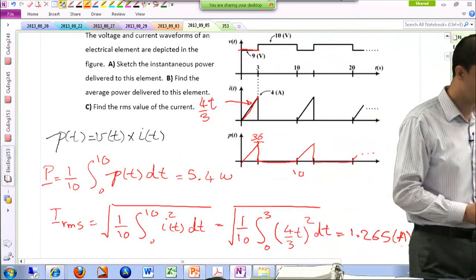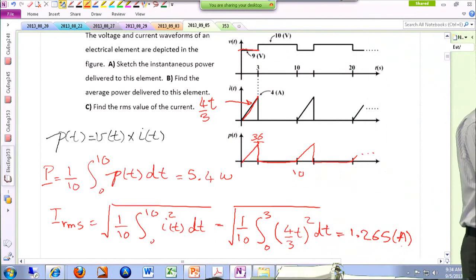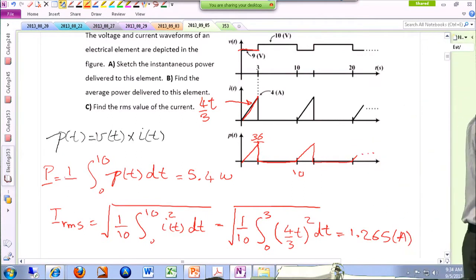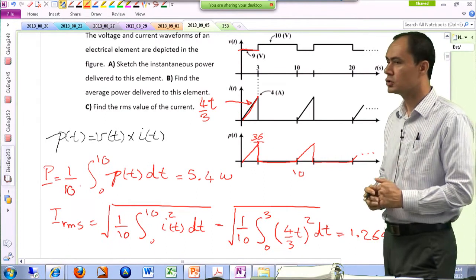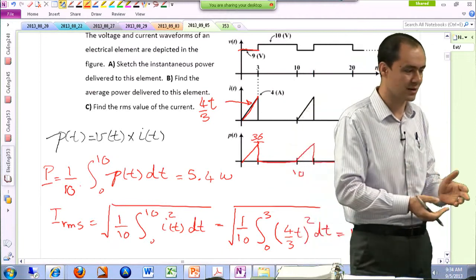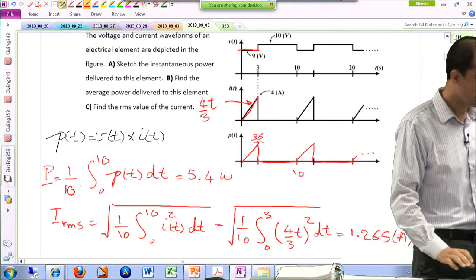A common mistake is when doing this integration, you do a good job, but instead of putting 10 over here, some students put 3. That's not a good idea, because you're taking the average value of the signal over the span of the period. So please remember, the number you should put in there is always your period, not the time interval during which your signal is non-zero.